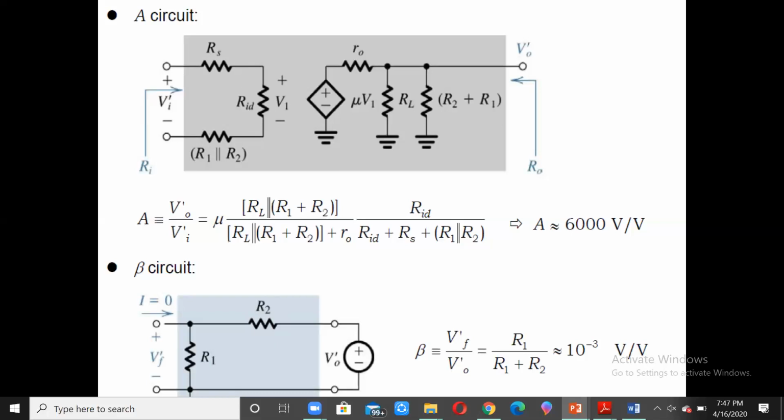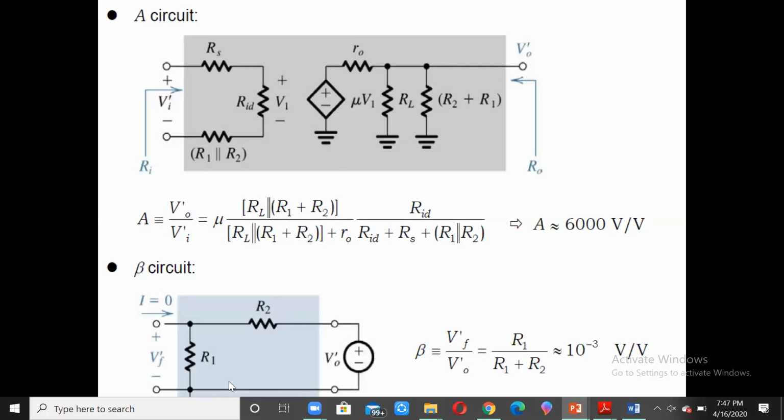So V1 by Vi dash will be RID divided by the sum of all these three, and that is what is written over here. Thus, if you substitute all the values RL, R1, R2, RID, RS, you get A approximately equal to 6000 volts per volt.